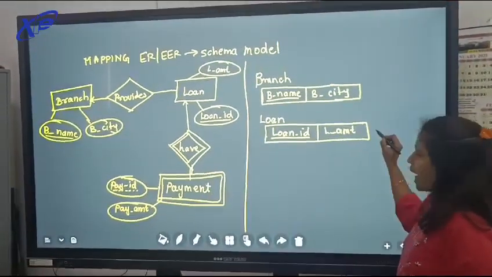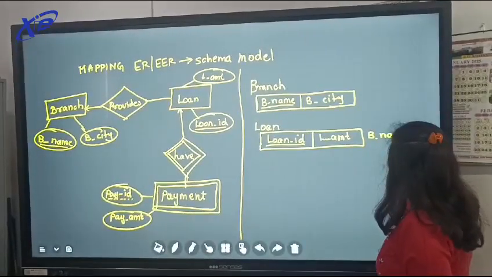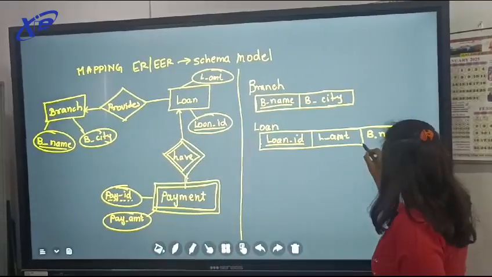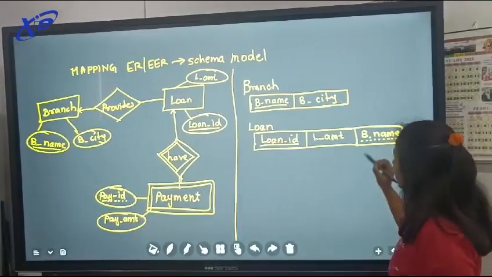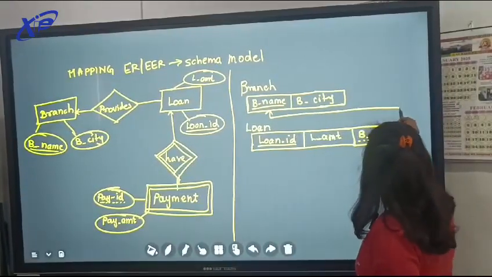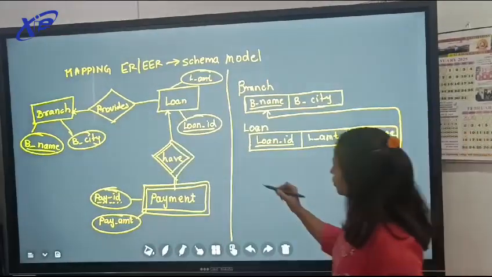So B name will act as a foreign key in our loan entity set. So we will have branch name as a foreign key which will be indicated over here. Now we have to connect this with our primary key. So this is the connection between the two tables.